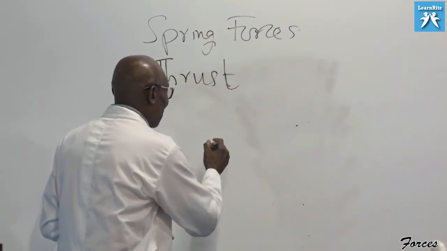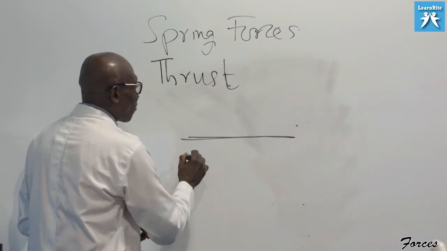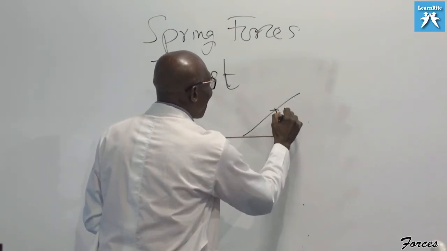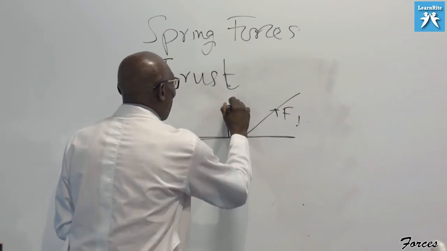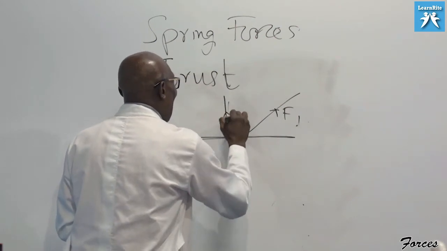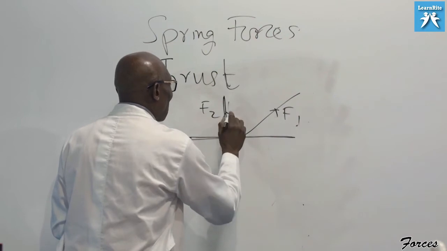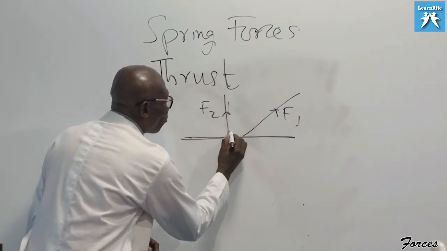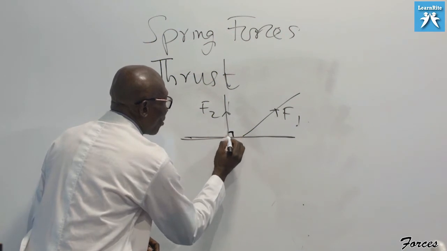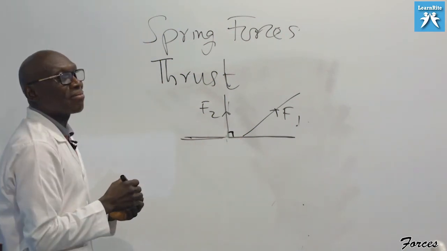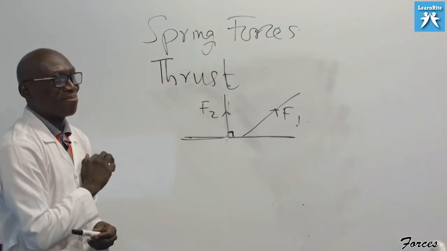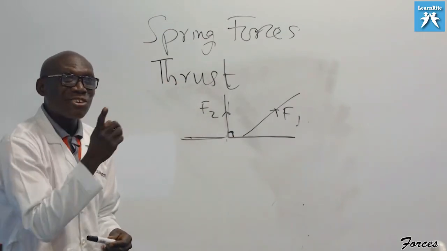So I have this surface, and I have two forces, one acting F1 this way, and this force acting F2 this way. Now this force F2 is found to be perpendicular to the surface. Then I'll call F2 a thrust.